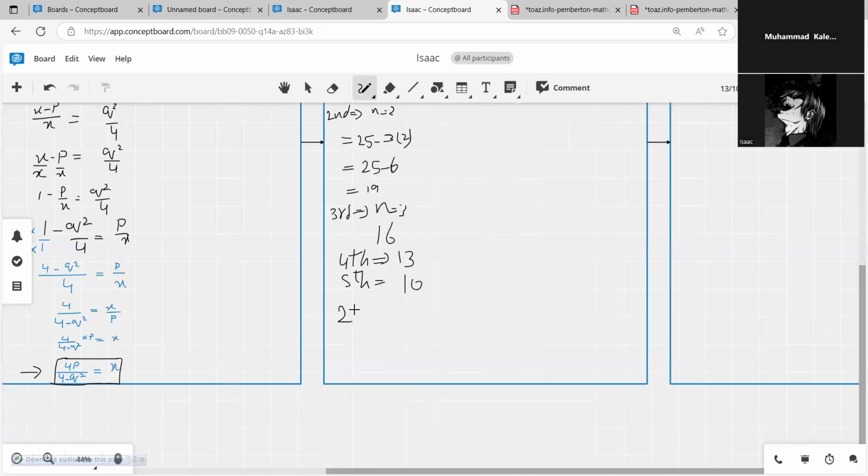So look, this was the first term, then 19, then 16, then 13, then 10. So you can easily find the next terms: 7, then 4, and so on. It will never end: 7, 4, 1, -2, -5.